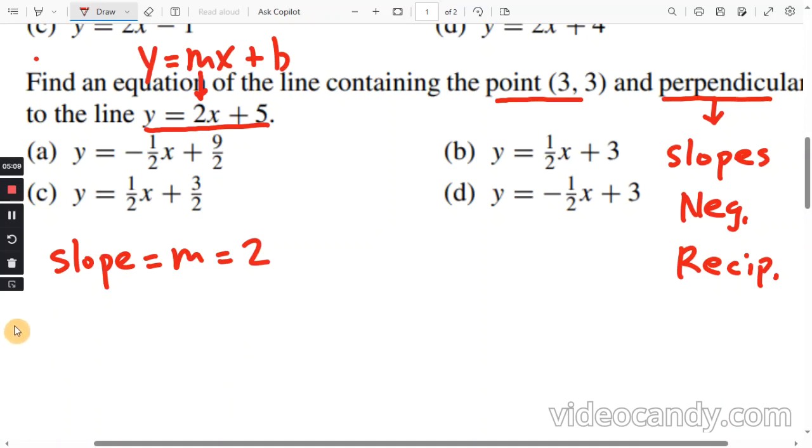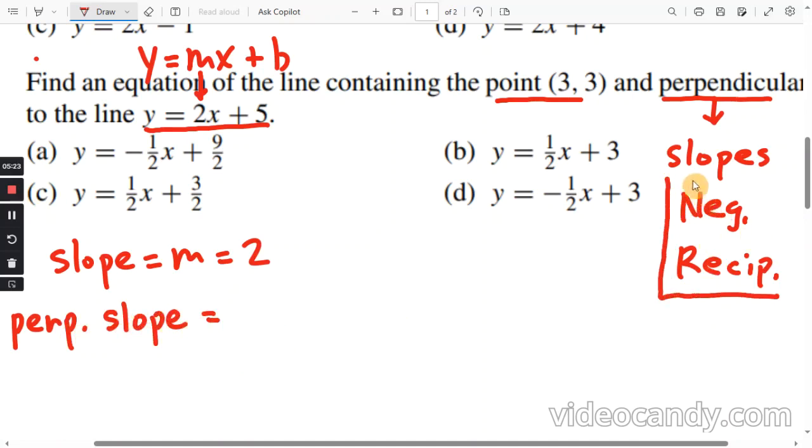Okay, for the perpendicular slope, or the new slope, I'll write perpendicular slope. It's going to be 2 steps for the negative reciprocal. You want to flip it and change the plus minus sign.